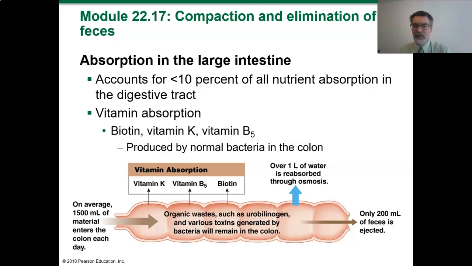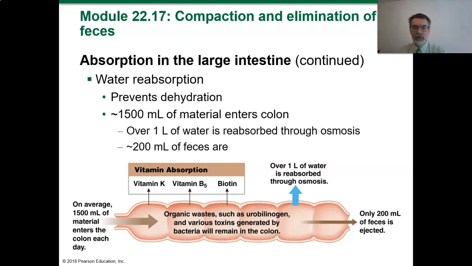So again, the large intestine accounts for about 10% of your nutrient absorption. As we said, B vitamin 5, vitamin K, biotin, which is also a B vitamin, can be produced by bacteria and absorbed in there. The last bit of water, about a liter of water, is absorbed through here, which is only the last bit of water, because a large amount of water would be absorbed in the small intestines, right?